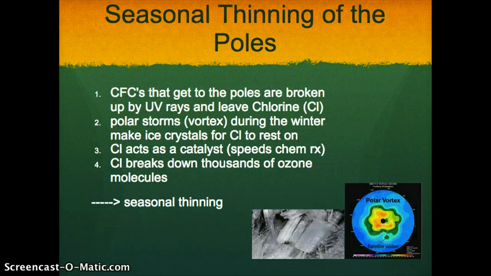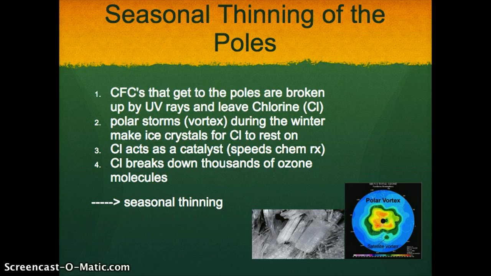So we also have other effects caused by the greenhouse gases, and we have other things that cause climate change. One of the biggest things is the seasonal thinning of the poles. And basically, how this works is that CFCs that get to the poles are broken up by UV rays, and they leave chlorine elements.